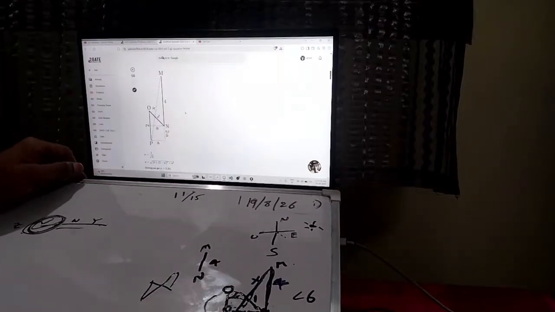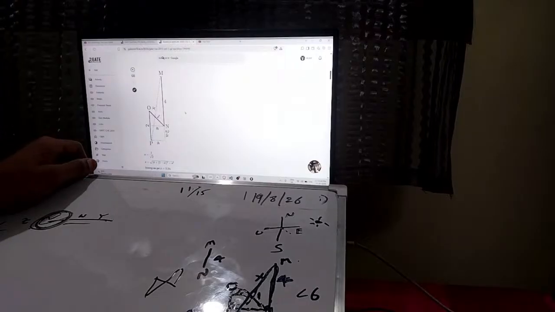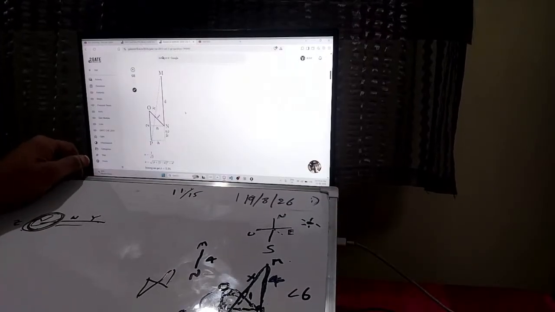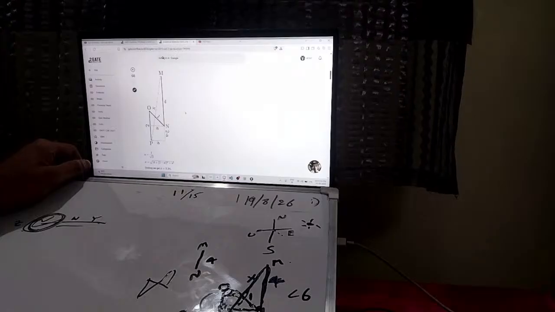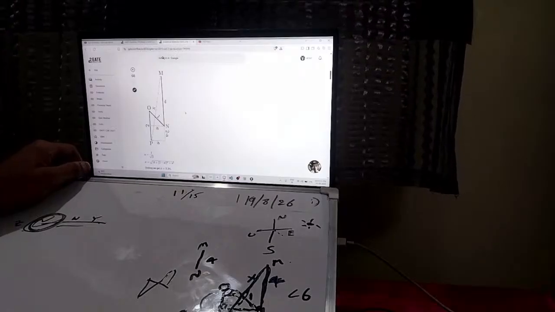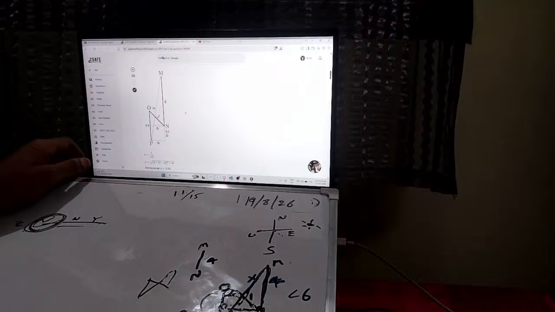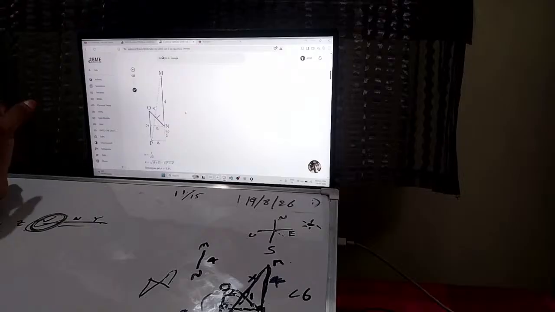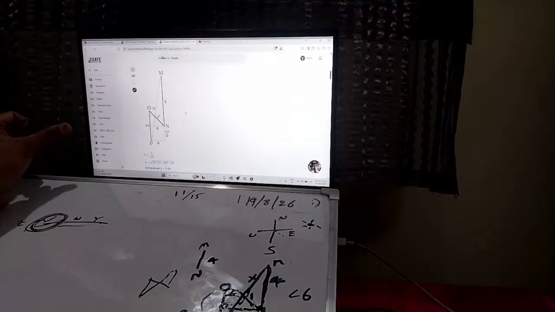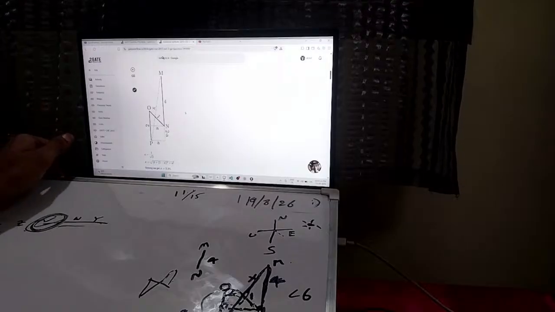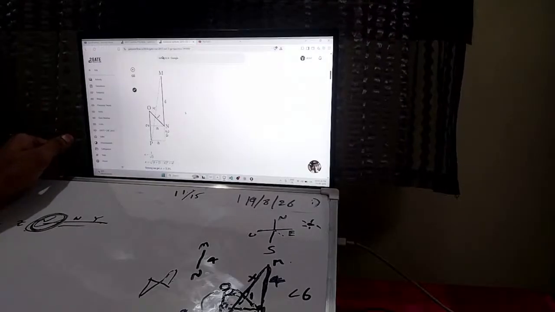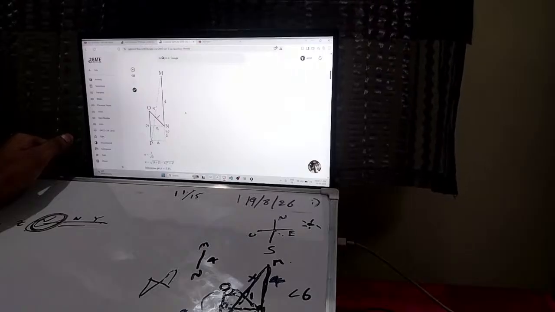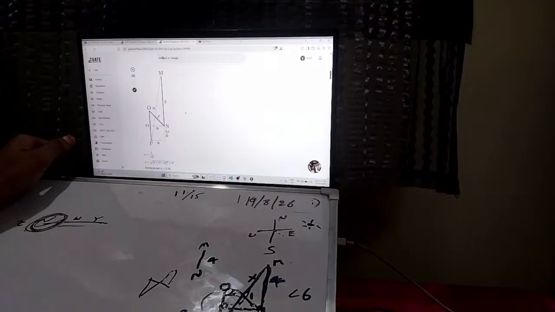We have to find the solution and solve it. If we take 2A common from here, it will become 6 plus A. What is A?